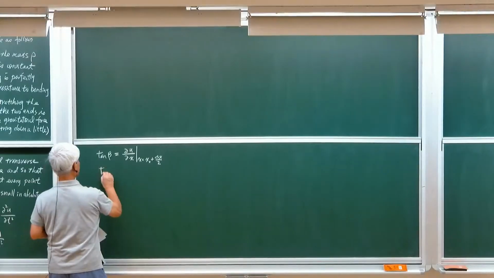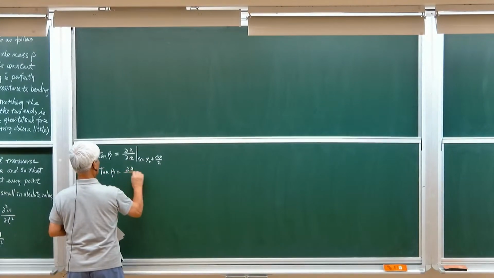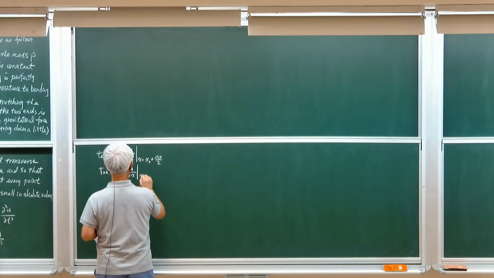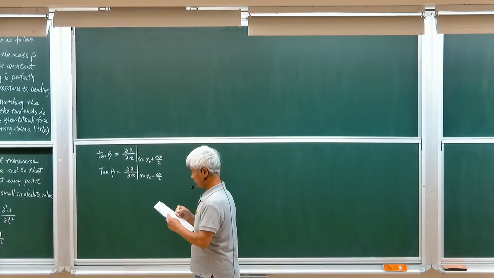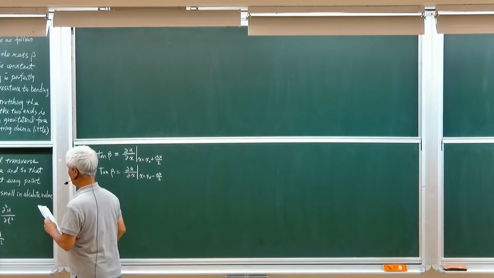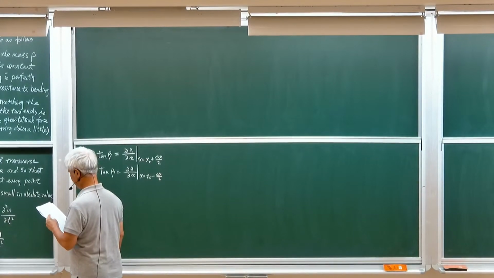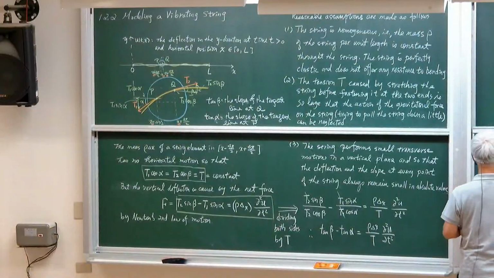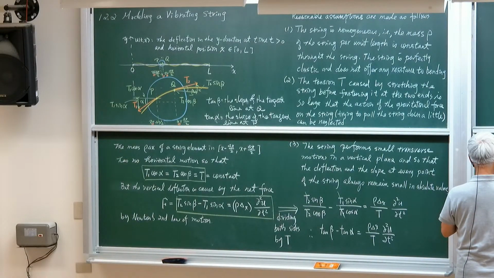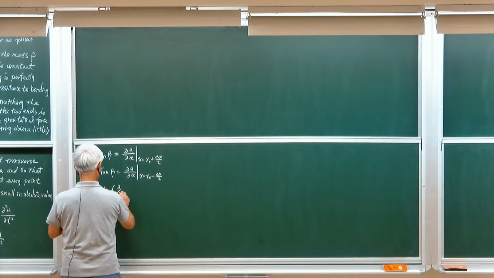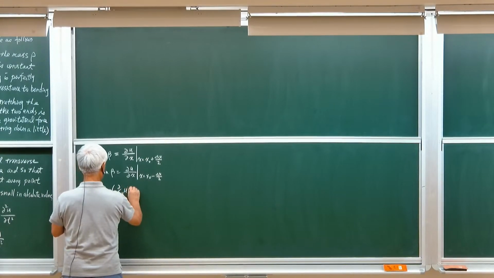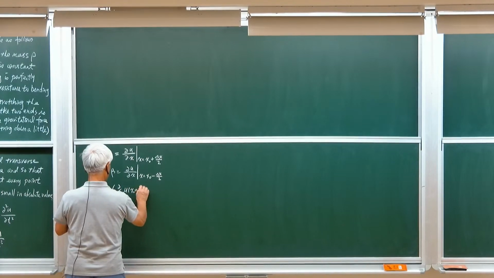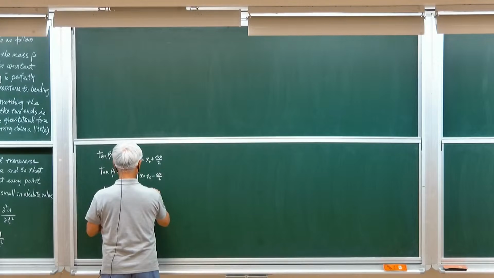And the tangent beta is the first derivative at x equal to x0 plus delta x divided by 2. Alright, and then we move delta x to the left-hand side. So we have delta x here, and then we have u x at x0 plus delta x divided by 2 at t.